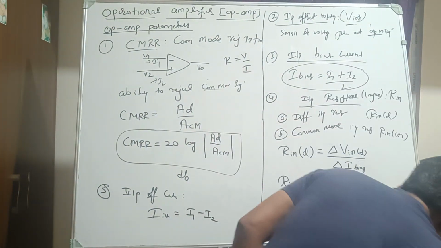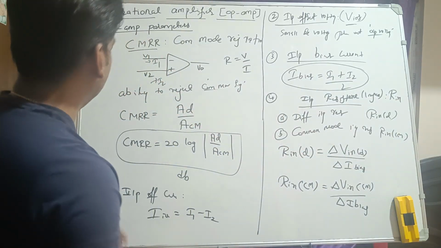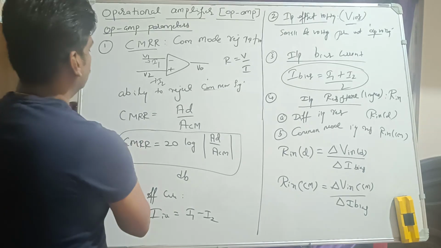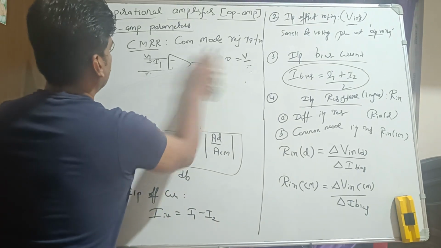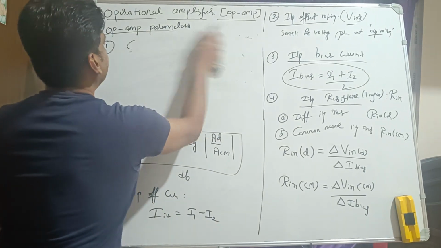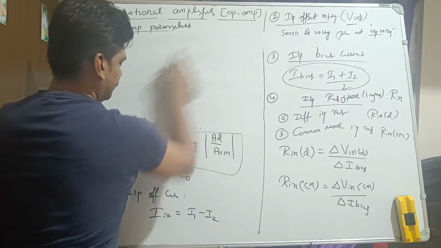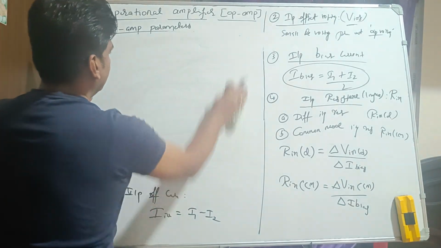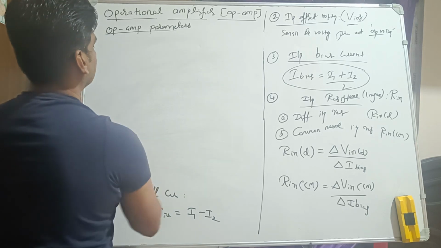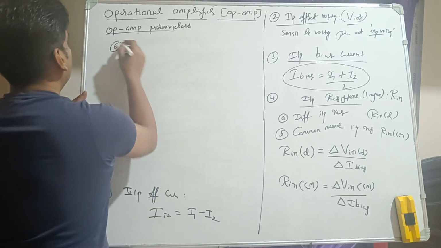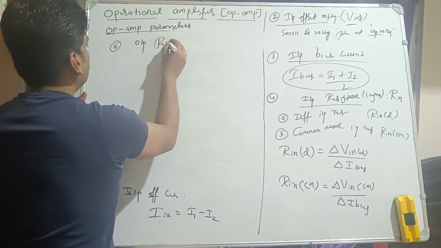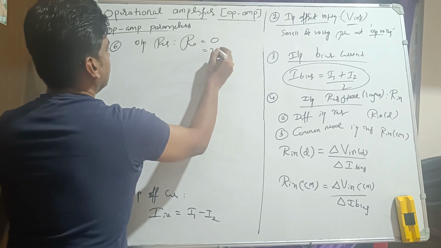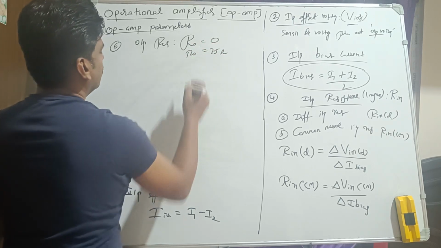We can't give much importance to the output resistance, but still we'll write it. What is the output resistance? Ideally we have considered it as 0, right? Practically also it is very minimal. Output resistance is R0. Ideally it is 0, but practically it is around 75 ohms, right?